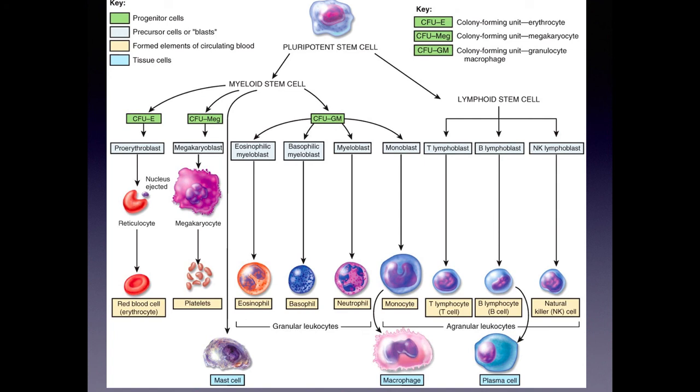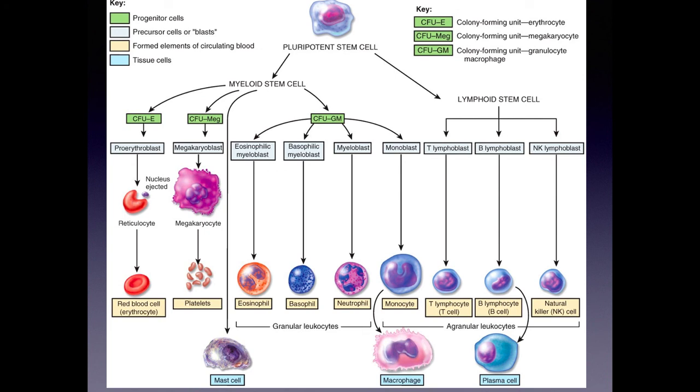Once that pluripotent stem cell starts down the pathway of development by becoming a myeloid or a lymphoid stem cell, its options are going to be a little bit narrowed. For the purposes of this course, you need to know what those options are depending upon whether you have a lymphoid or a myeloid stem cell. So let's take a look at the lymphoid stem cell first. It's going to be the easiest of the two to deal with.